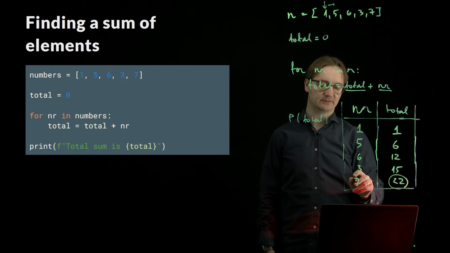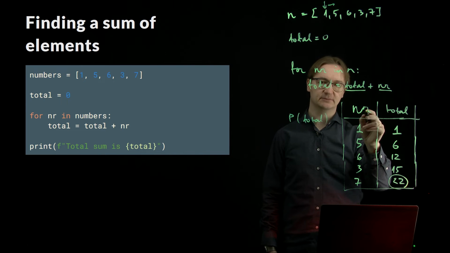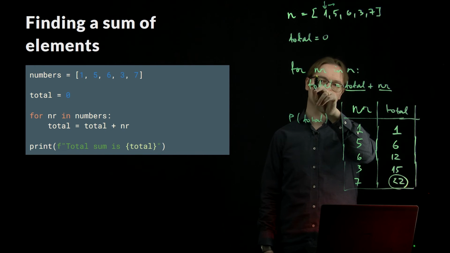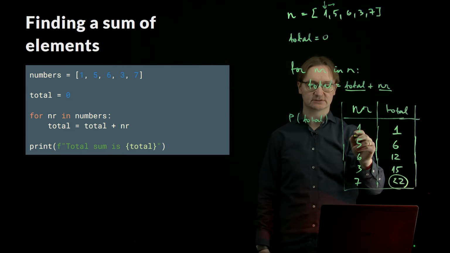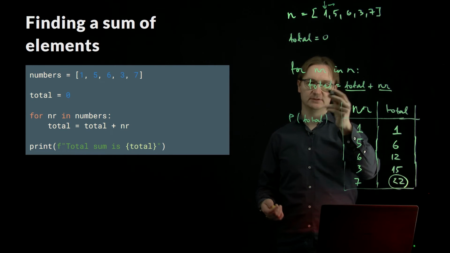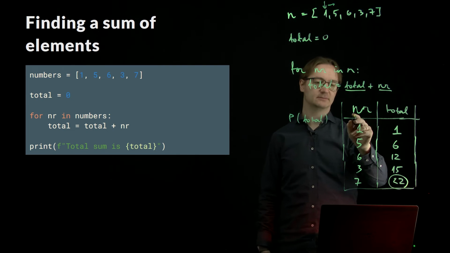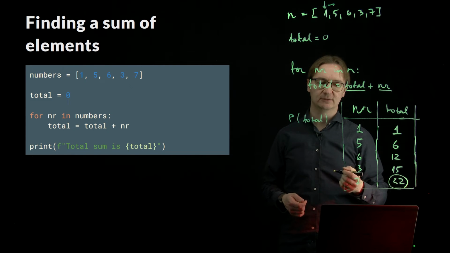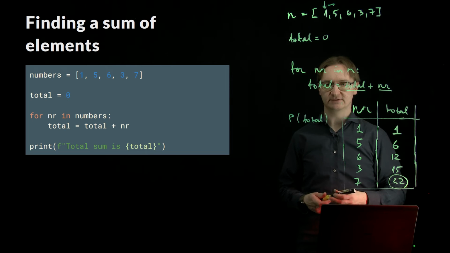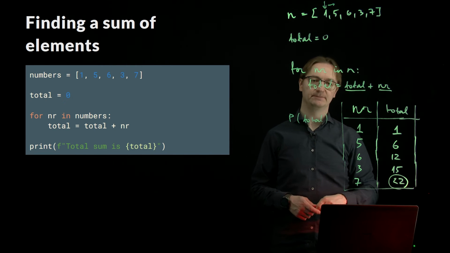And the number value will be overwritten every time. So the previous value, which was stored in number, will be overwritten. Basically I just replace the value in memory. If number is a variable which points to a value in memory, then I just change the value for this variable.